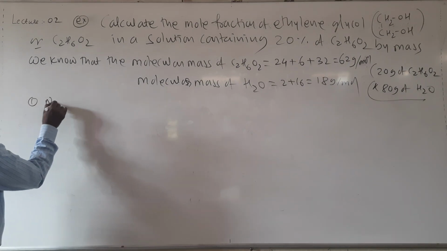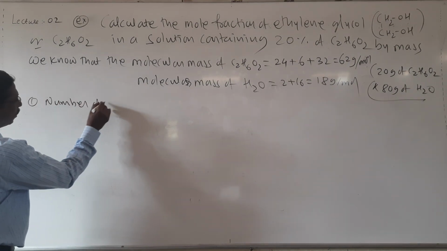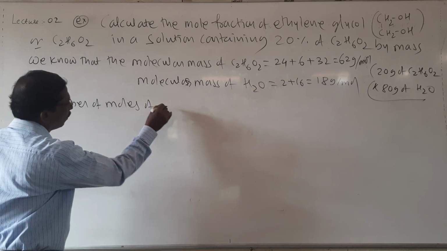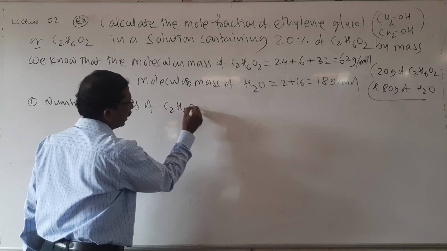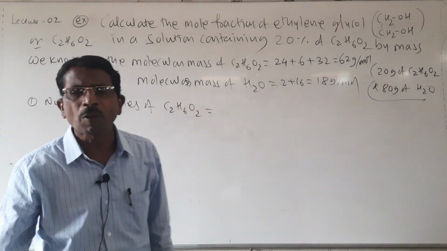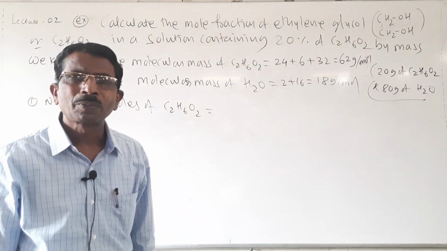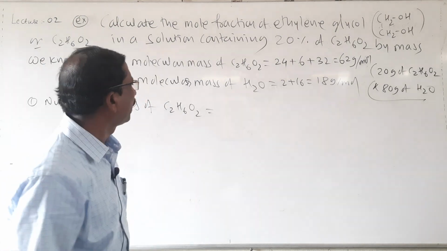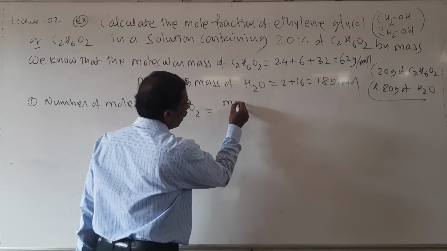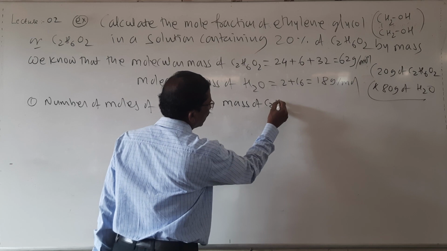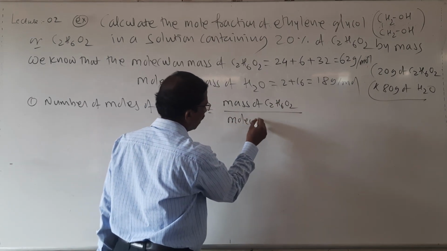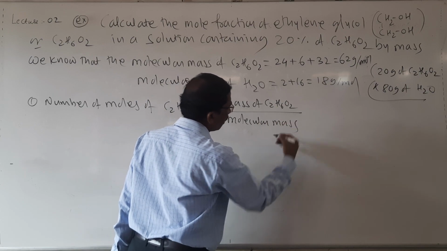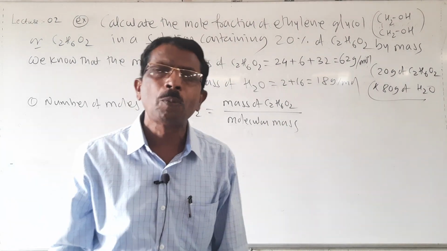Number one, number of moles of C2H6O2. What is the formula for number of moles? Number of moles is nothing but mass of C2H6O2 divided by molecular mass.